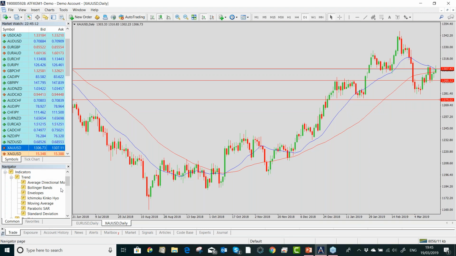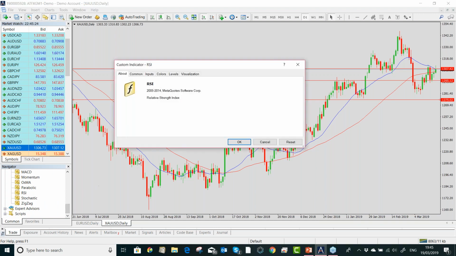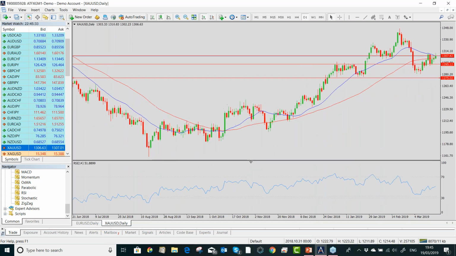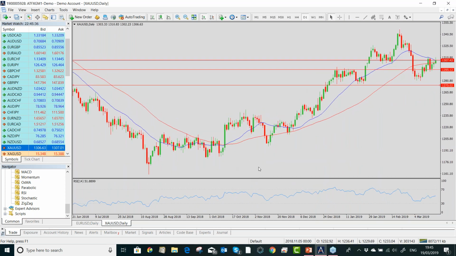So I'm going to add an RSI. Just for the purposes of this, I'm just going to keep the standard settings for RSI. Generally, the standard settings tend to be a 14 period.